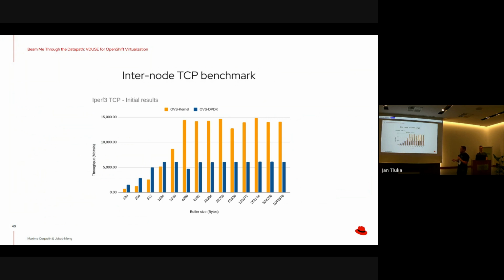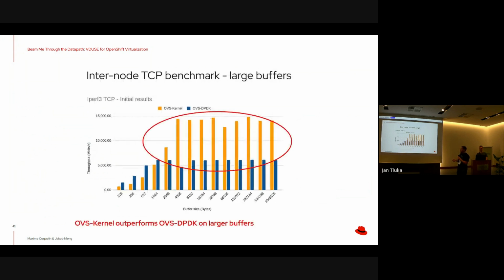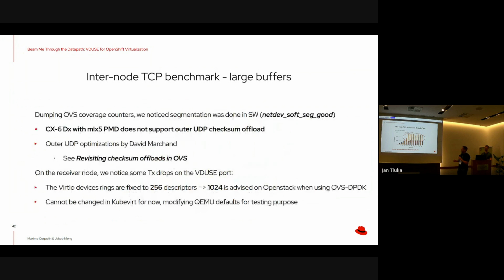Using iperf3 TCP, what we can see is that the kernel datapath outperformed our initial results for larger buffers. That was not what we expected initially. By doing some investigation, we noticed that we were doing software segmentation, whereas we expected to offload this to the ConnectX device.